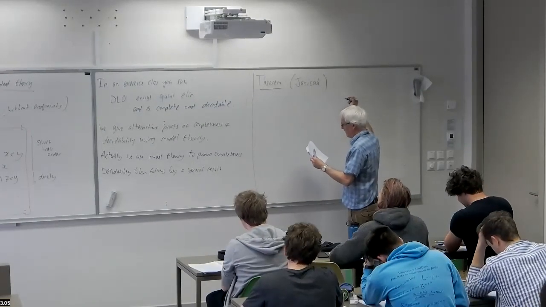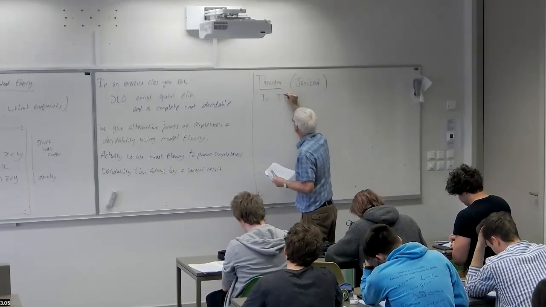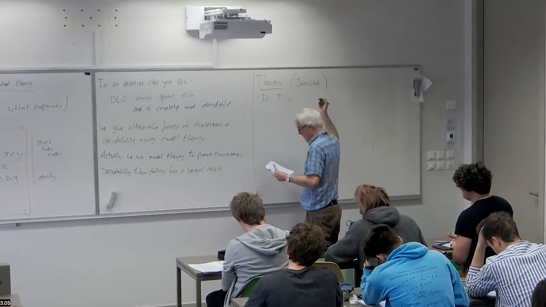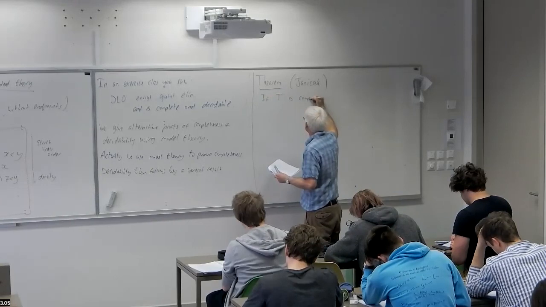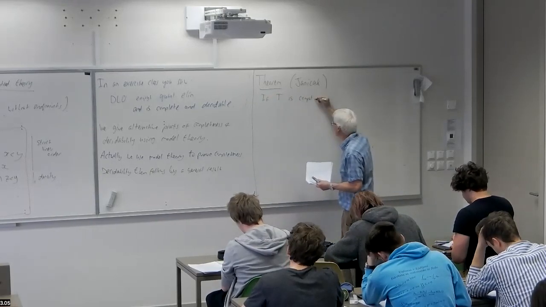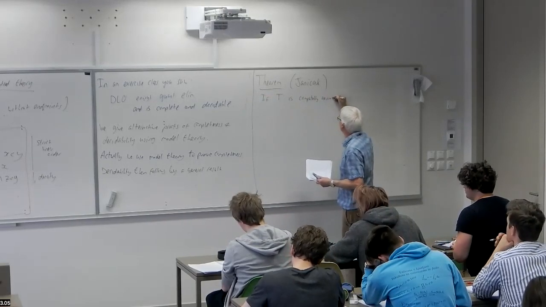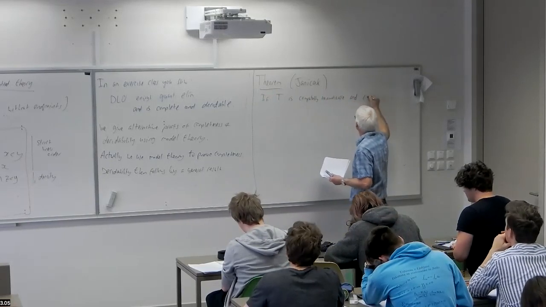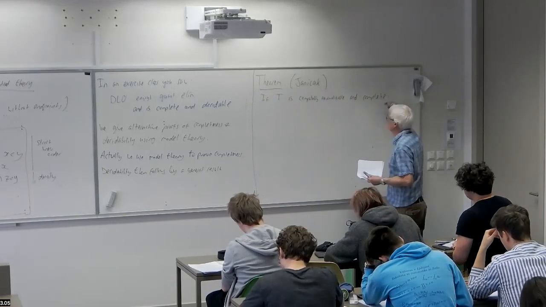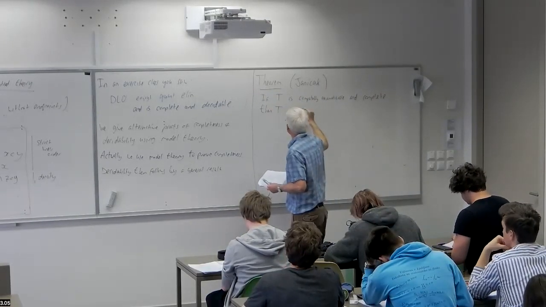So the theorem is that any theory T in a countable signature, that's being assumed, if T is computably axiomatizable and complete, then T is decidable.